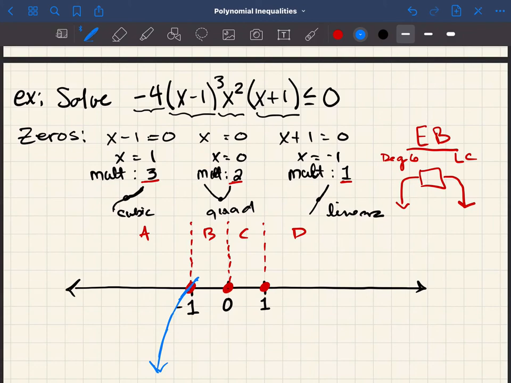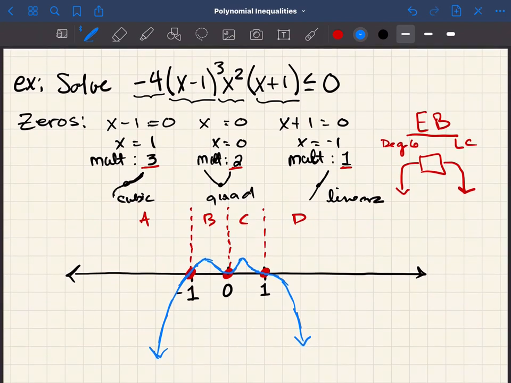In section B, going from -1 to 0, at 0 we have a quadratic, so we know that since this is coming up, it's going to have to bounce at that 0. And then when we get to 0 at 1, we have a multiplicity of 3, so it's going to have to come in sort of cubic, and then it's going to go through, and then it's going to trend down to match up our end behavior. So we end up with a polynomial that has this following shape.